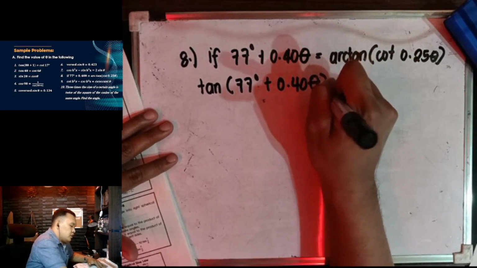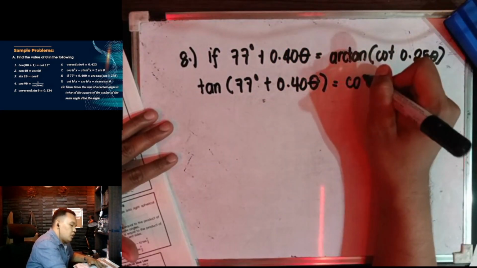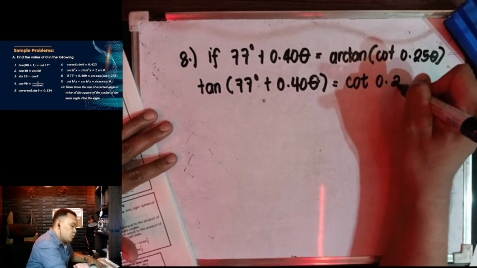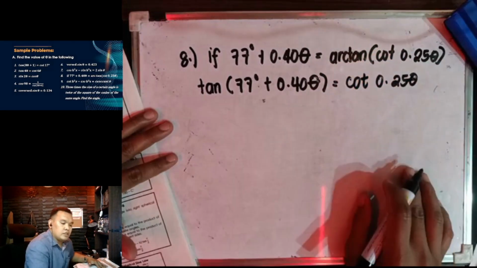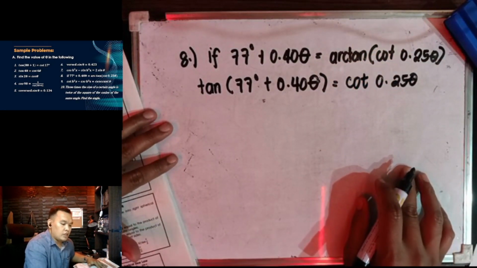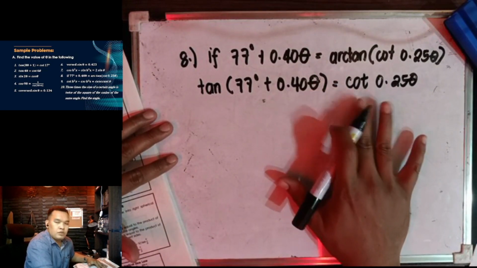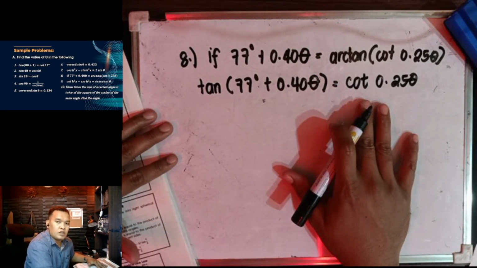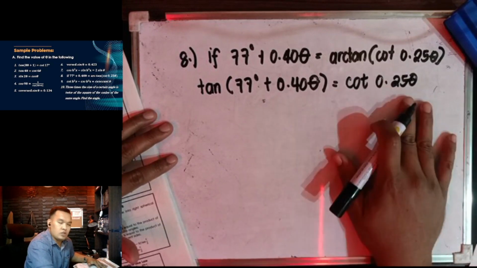Is equivalent kay cotangent 0.25 theta. Then, we all know that yung cofunction ng cotangent is tangent 90 minus ito. No?